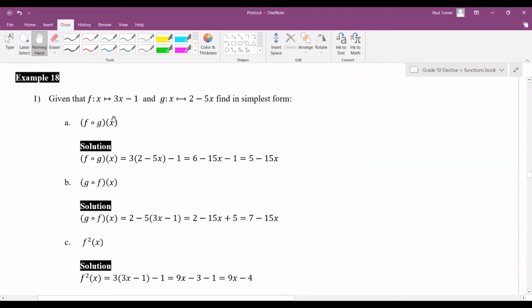Go to example 18. Now this notation is the same as f(g(x)), okay? So this is the same notation. This looks like f of g. So basically it's telling you to put g into f, from the front to the back, okay?